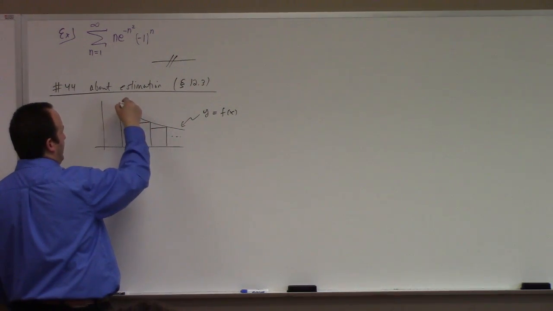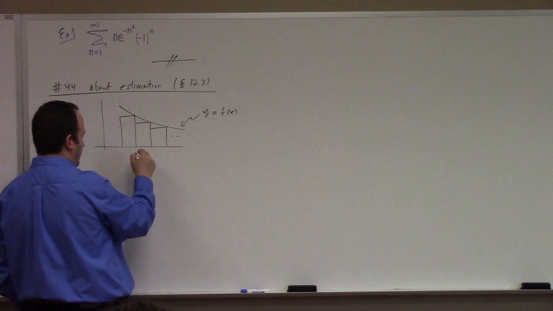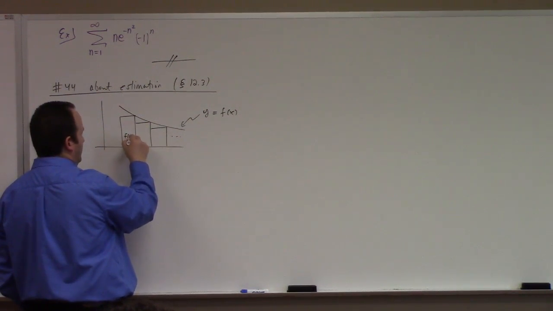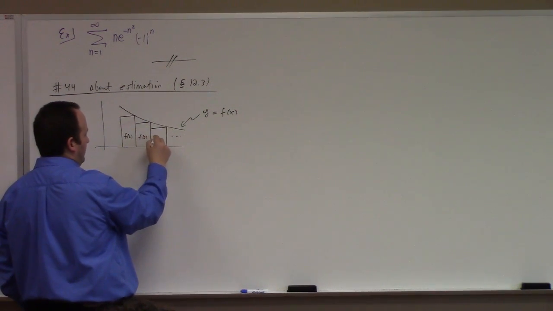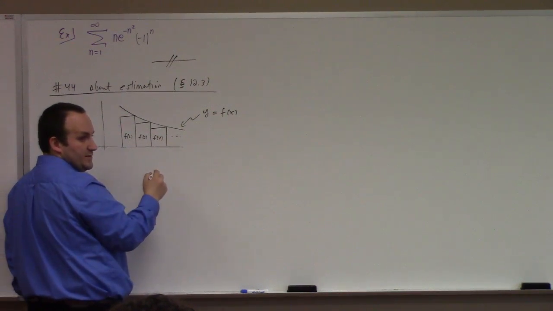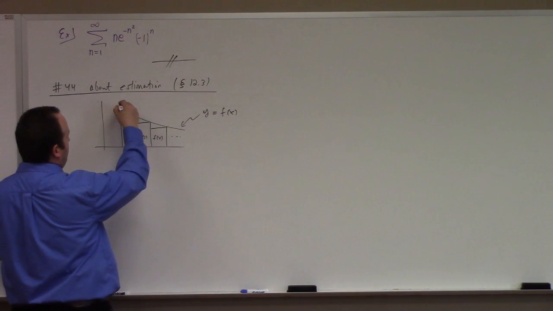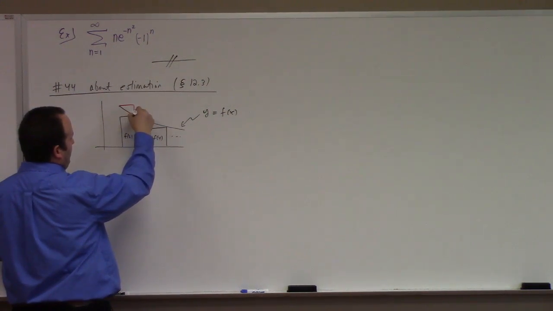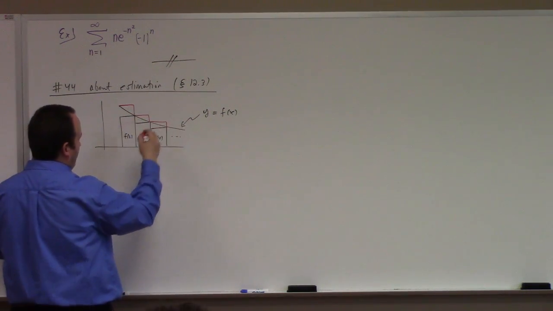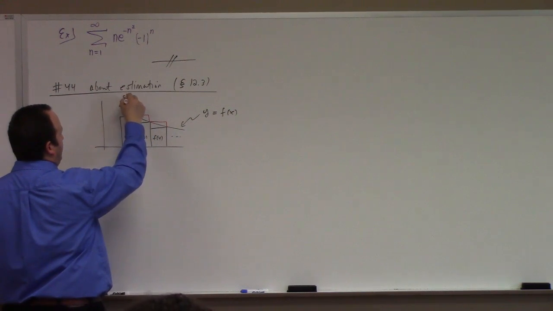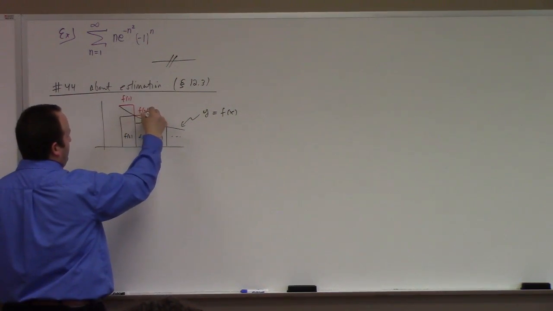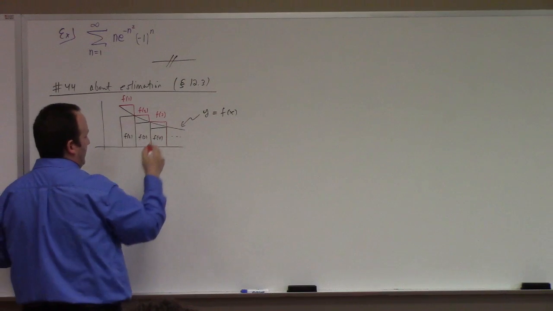This would be f of 2, f of 3, f of 4, and so forth. But on the other hand, based on the left endpoint rule, these red boxes would be f of 1, f of 2, f of 3.